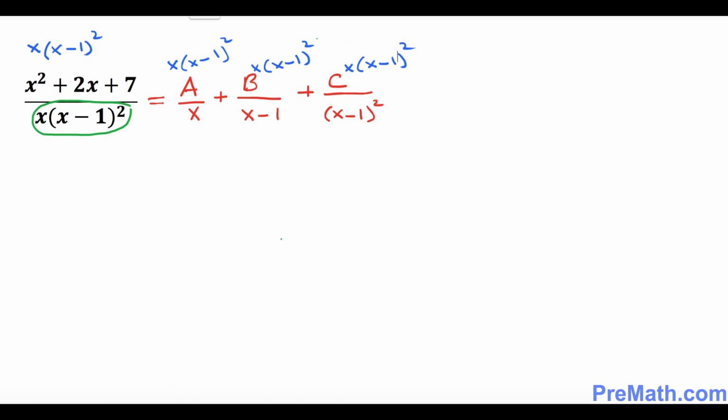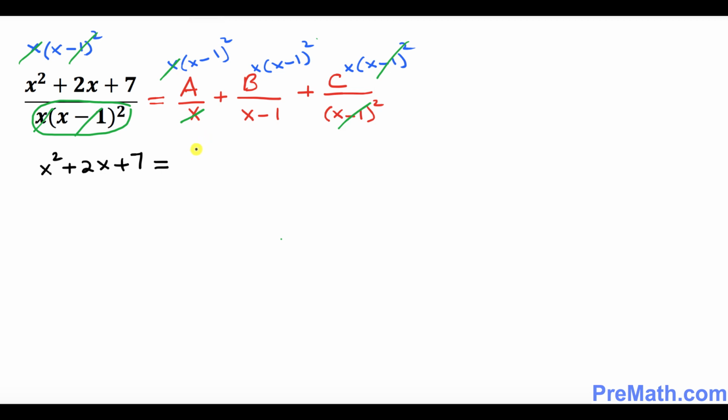So then what happens, this x cancels out with this x, and this (x minus 1) squared cancels out with this one. So what we got on the left hand side is x squared plus 2x plus 7 equals, on the right hand side, you see this x and x is gone. Over here, one of the x minus 1 cancels out, and this x minus 1 cancels with this one.